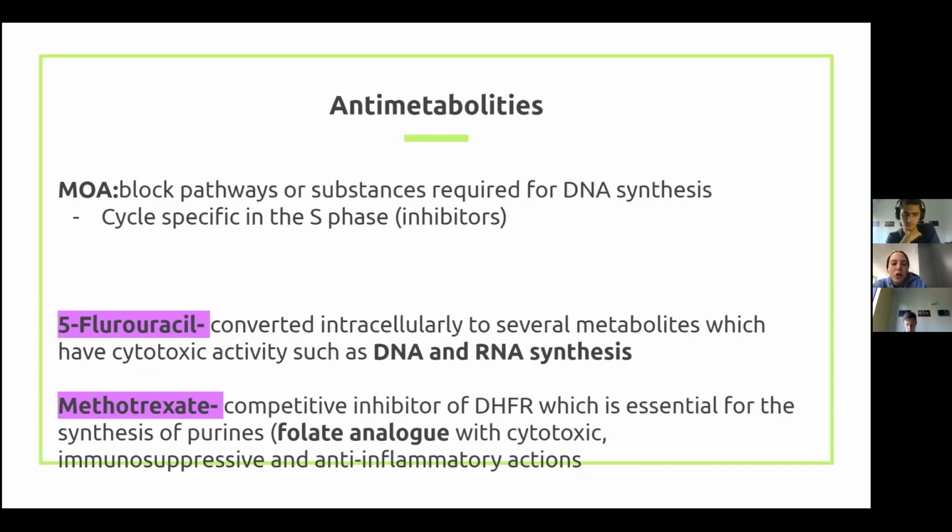So the two to know are 5-fluorouracil and methotrexate. 5-fluorouracil stops DNA and RNA synthesis, and methotrexate works a bit further on than that. It's a folate analog, so it stops the synthesis of purines from which DNA and RNA can be established.